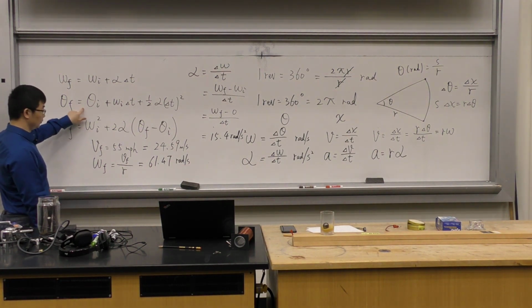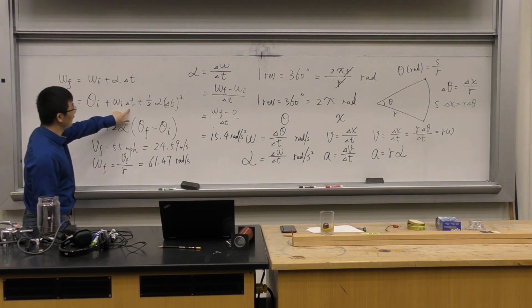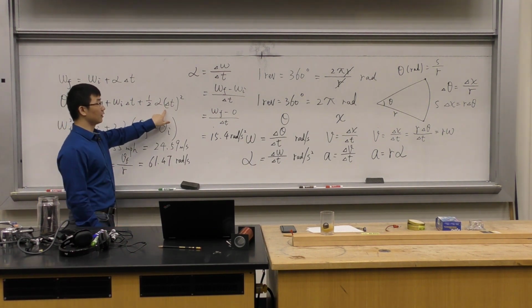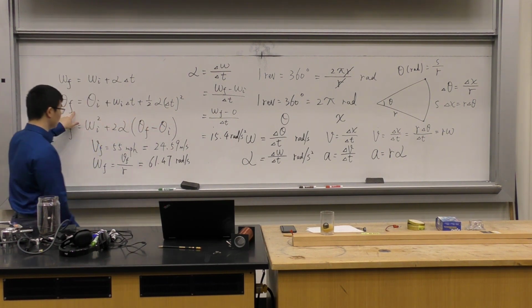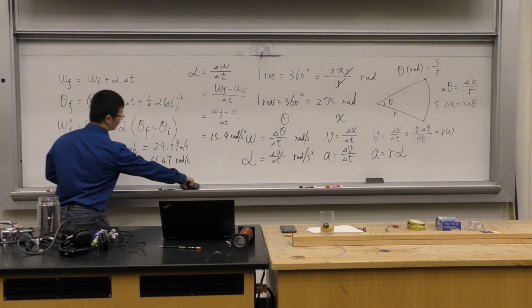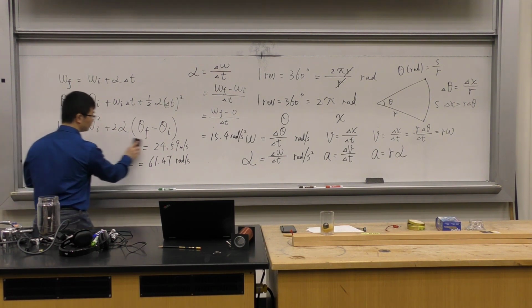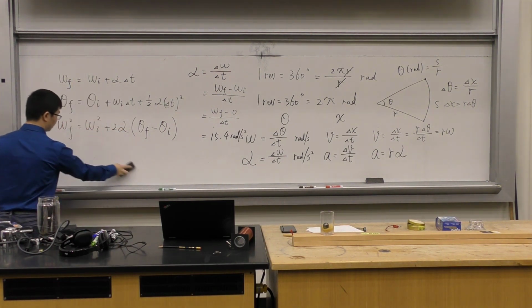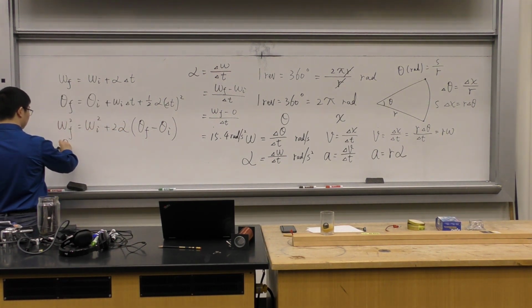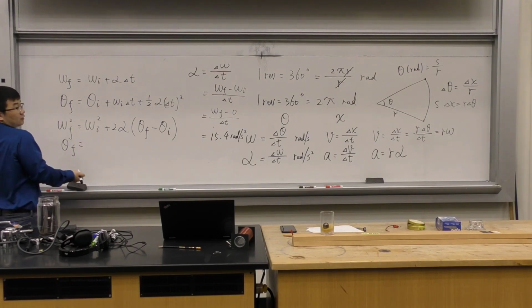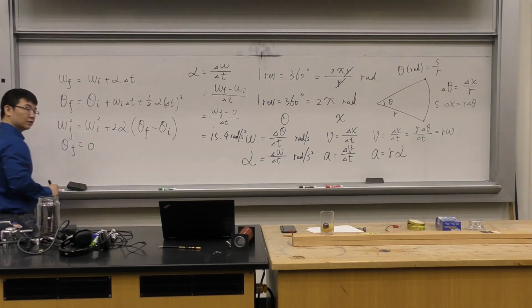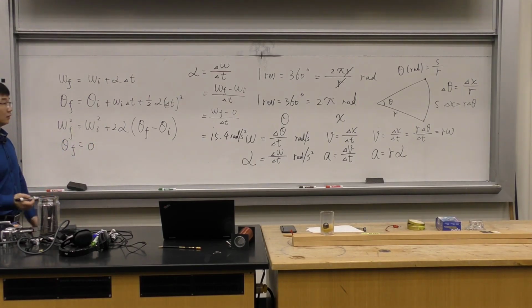Well, this is the better one because I do have the time, initial angular velocity, and angular acceleration we just found, right? So if you plug numbers into this equation, I'm going to erase this. So the initial angle is 0 because you can always call the initial point 0, right?